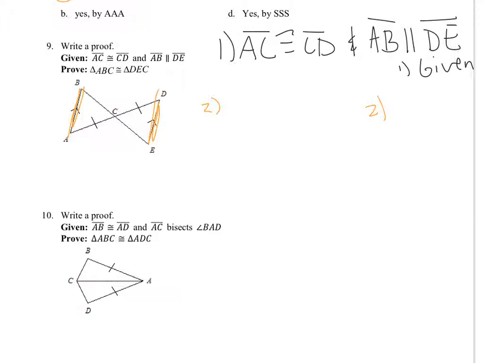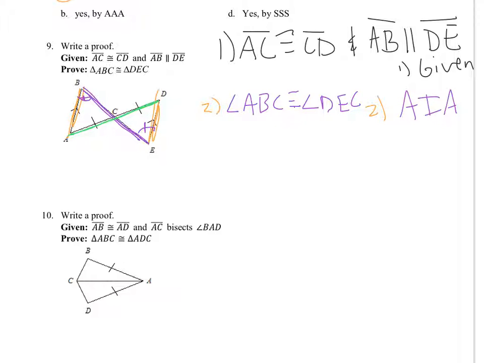So because of those two lines here, with my parallel lines, I can say this angle right here and this angle right here, so angle ABC is congruent to angle DEC by alternate interior angles. However, there's another one, using those same two parallel lines.